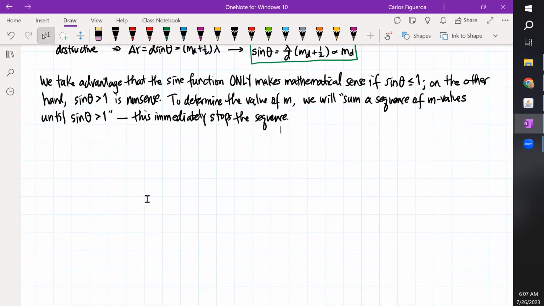But one of the things that's important here is that you can see that there is this term lambda over d.